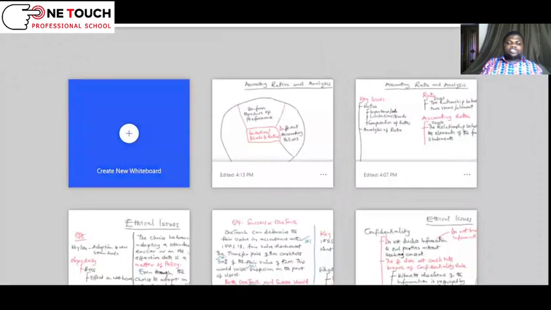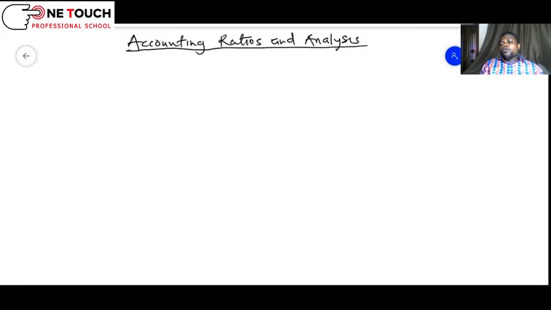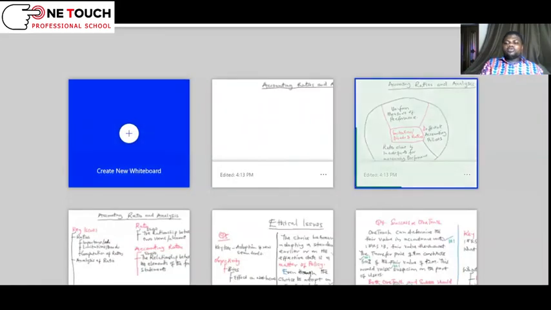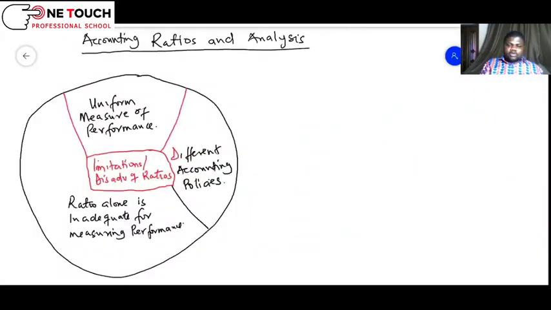Our next issue has to do with how to compute the ratios. For the purpose of computation, ratios are grouped into 5.